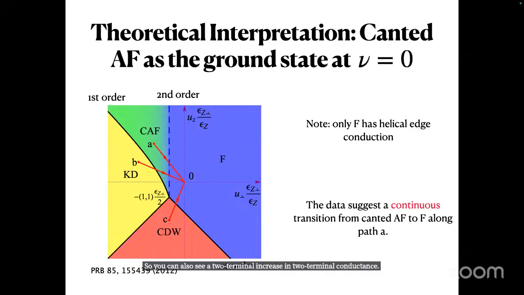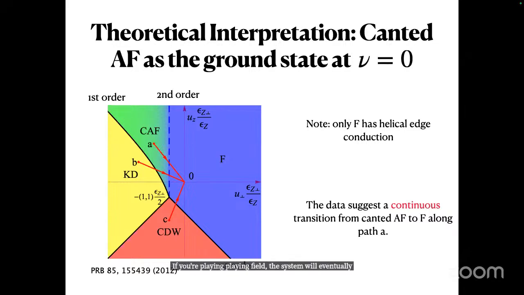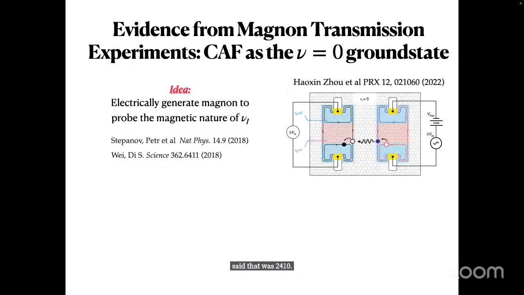So I think by now it is more or less accepted that this conclusion cannot definitively tell us whether the state is a CAF or KD state. It can only tell us that if you apply in-plane field, the system will eventually become a ferromagnet, and the ferromagnet has some edge conductance. So that was 2014.